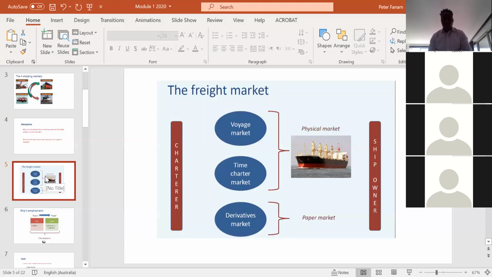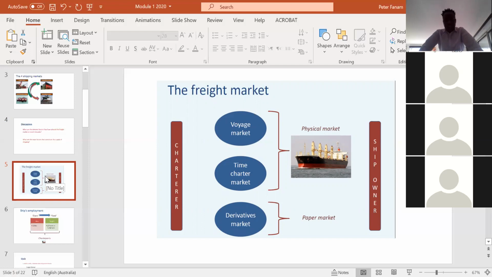So let's look at the freight market. The freight market has three distinctive elements or components, as I mentioned earlier during the focus question. These are voyage market, time charter market, and derivative market, which most of you are already familiar with.